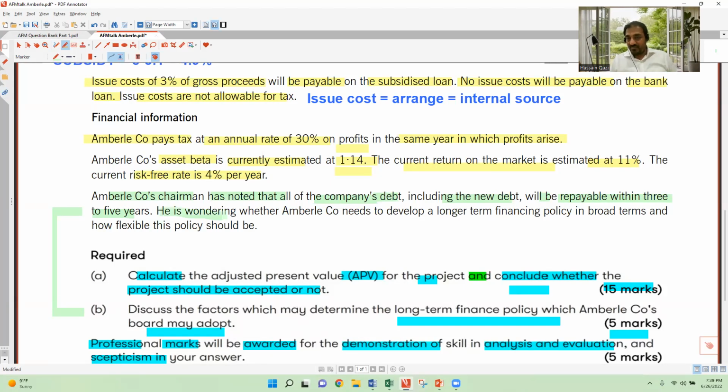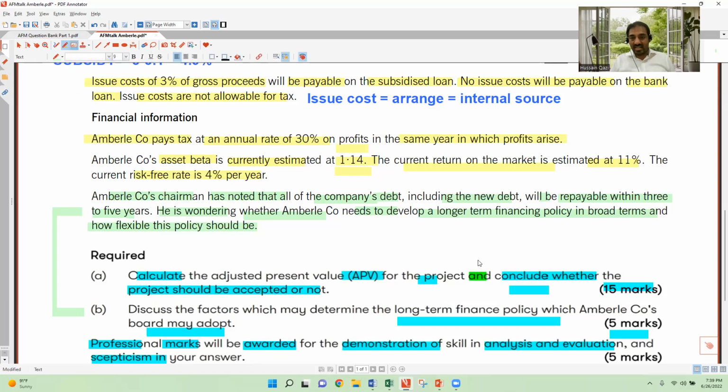They are wondering whether Amberle company needs to develop a long-term financing policy in broad terms, and how flexible this policy should be.